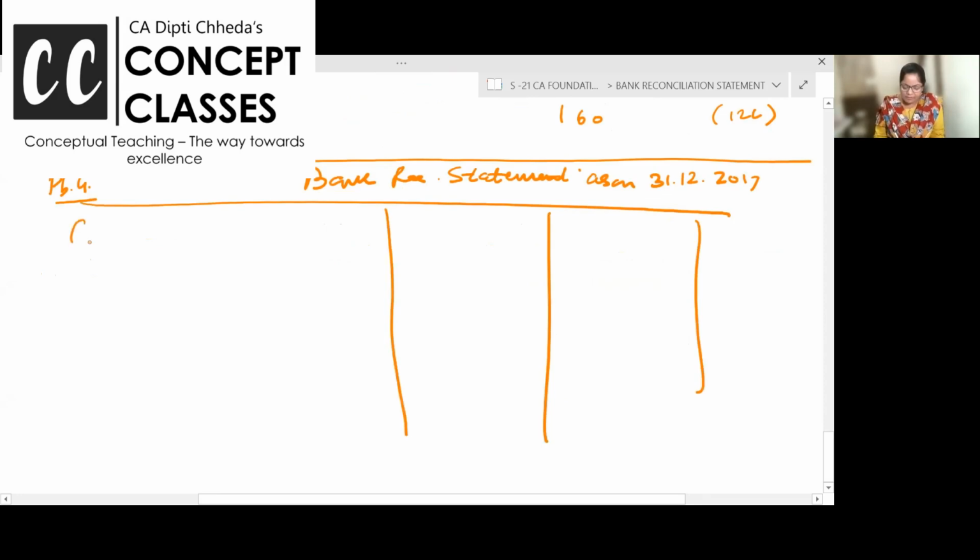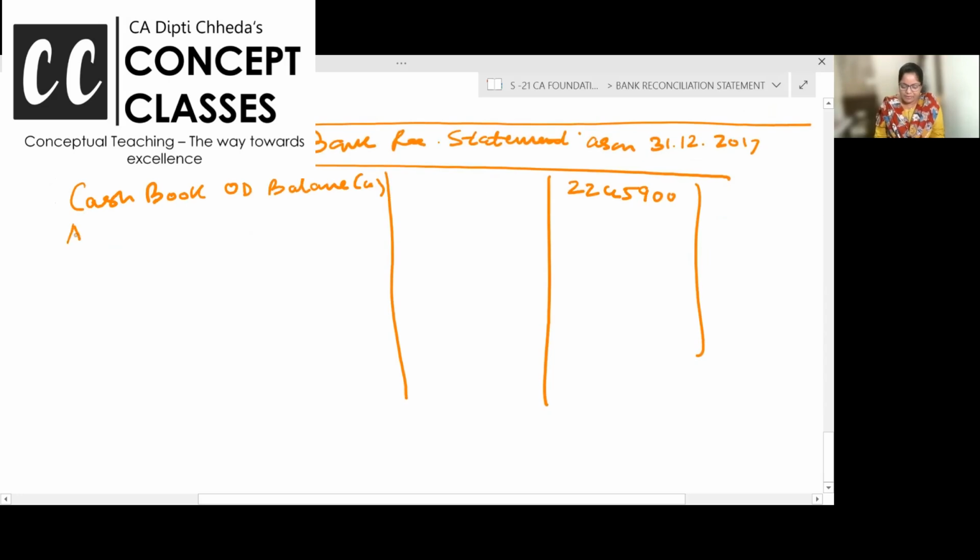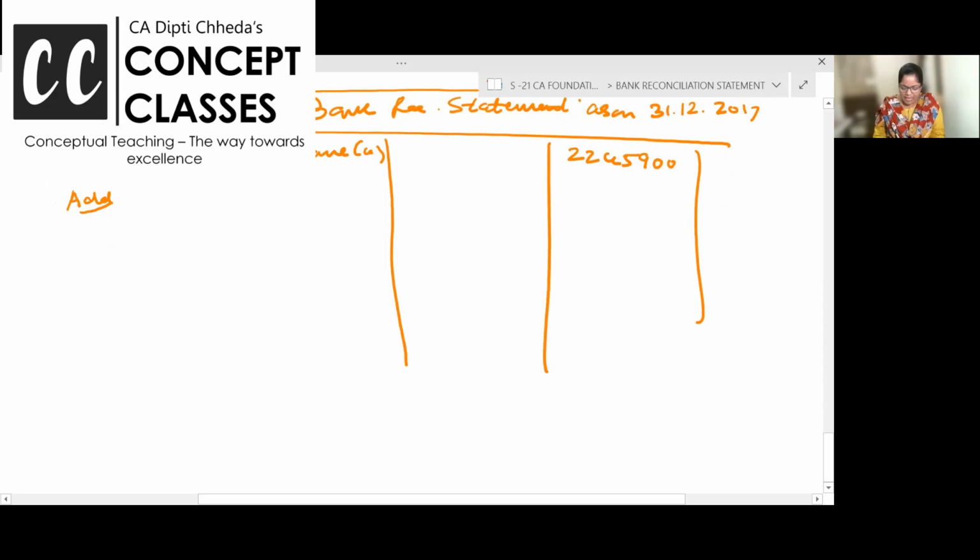So this time again, cash book overdraft balance or credit balance, 22,45,900. Do some add, do some less. Read the first line. Interest debited by the bank. बैंक ने इंटरेस्ट डेबिट किया है, चार्ज किया आपके अकाउंट में.